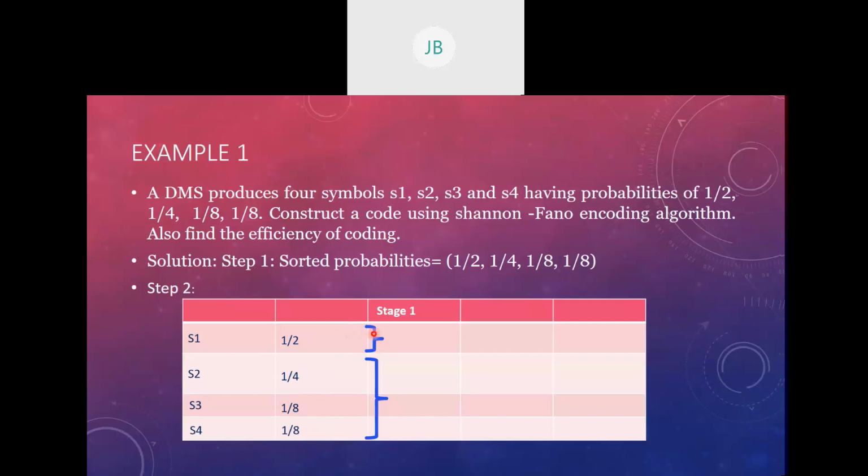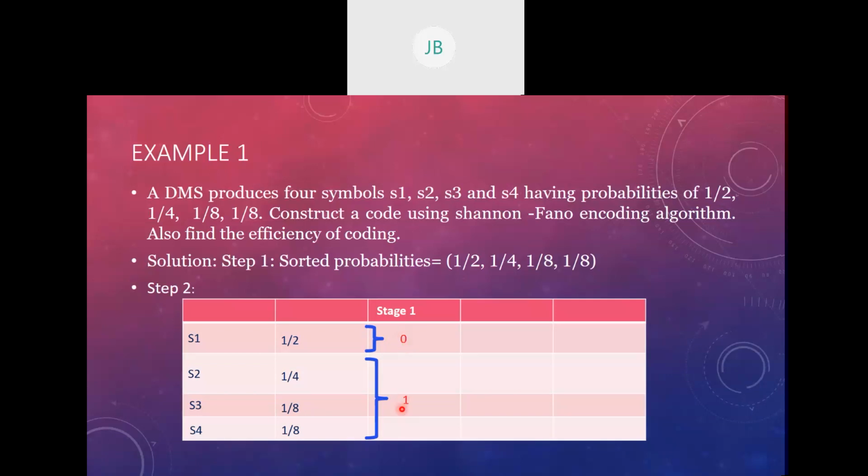After this, the next step is the top group will be assigned 0 and the bottom group will be assigned 1. That is what is the third step in the Shannon-Fano encoding algorithm. So the top group is assigned a 0, the code word, and the bottom group is assigned a 1.